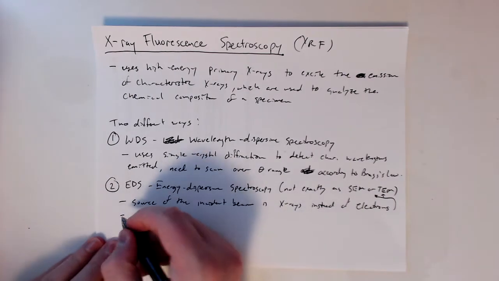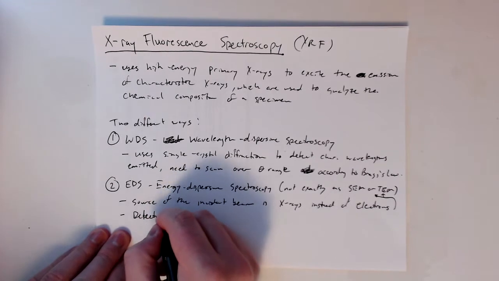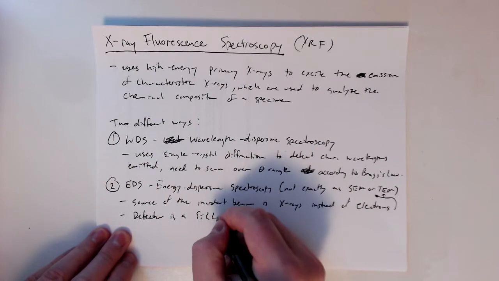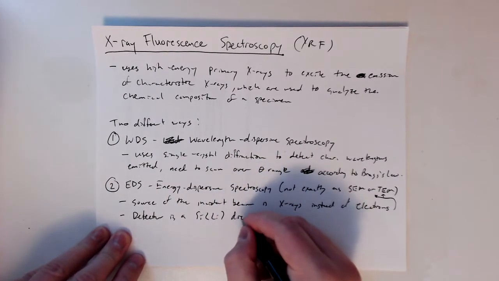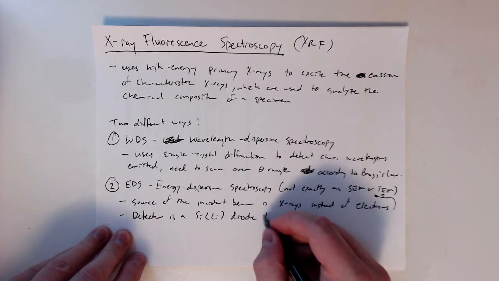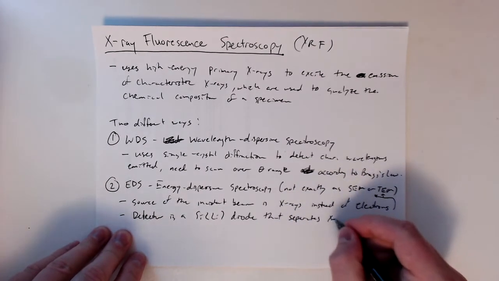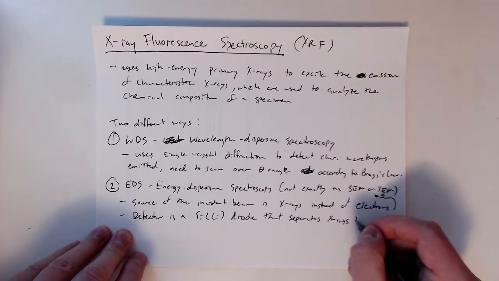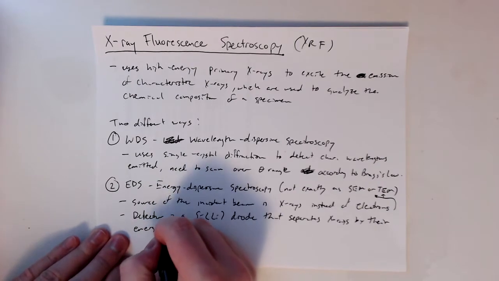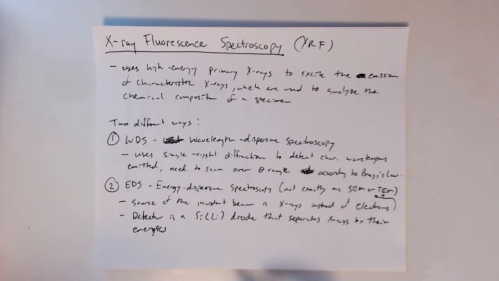And with this, we have a detector that is a silicon lithium diode, and this separates X-rays by their energies. Sorry about the spelling today.